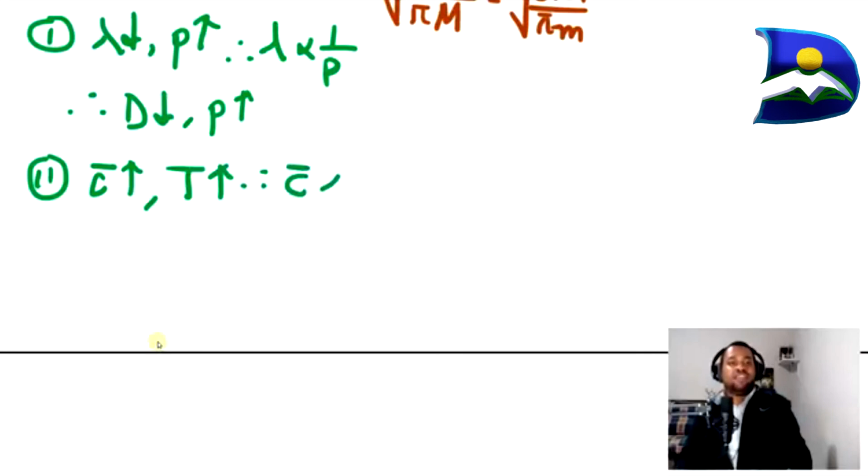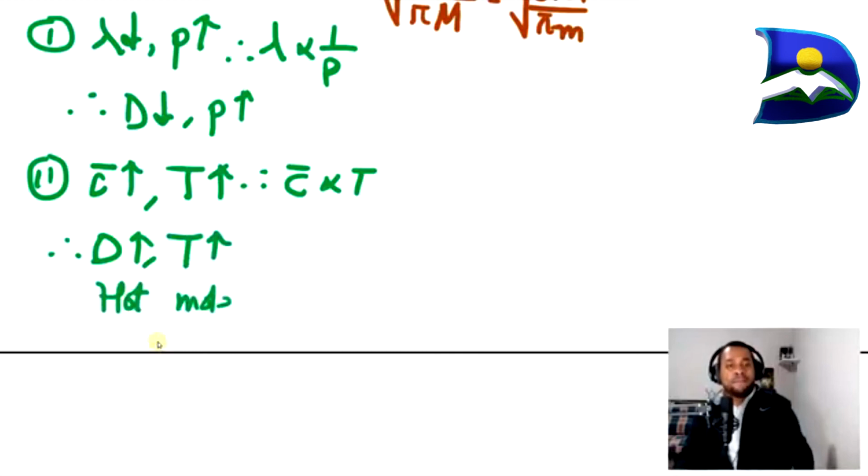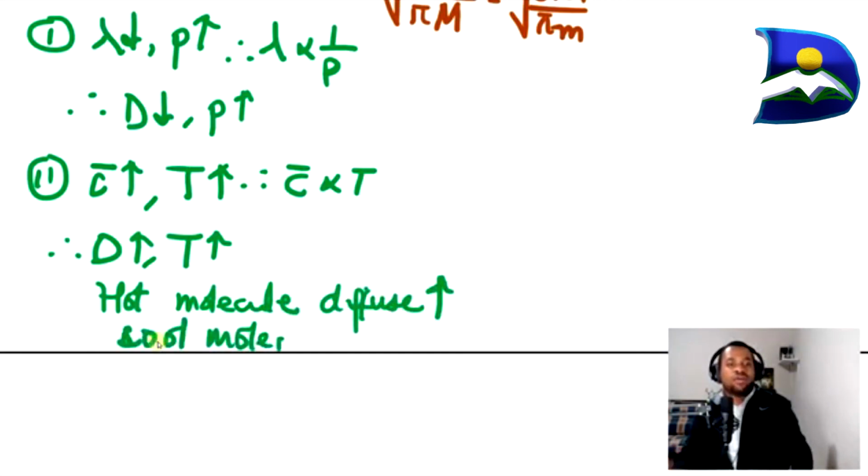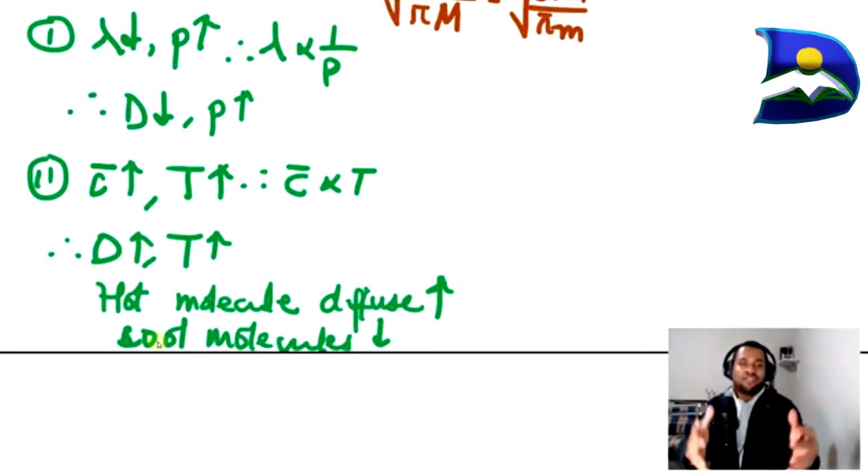Therefore, our mean speed is directly proportional to our temperature, and as a result, we can conclude that the diffusion coefficient increases at increasing temperature. Therefore, a hot molecule will diffuse faster than cool molecules. This is quite interesting to see, and how we are able to connect mean speed with temperature and overall to the diffusion.